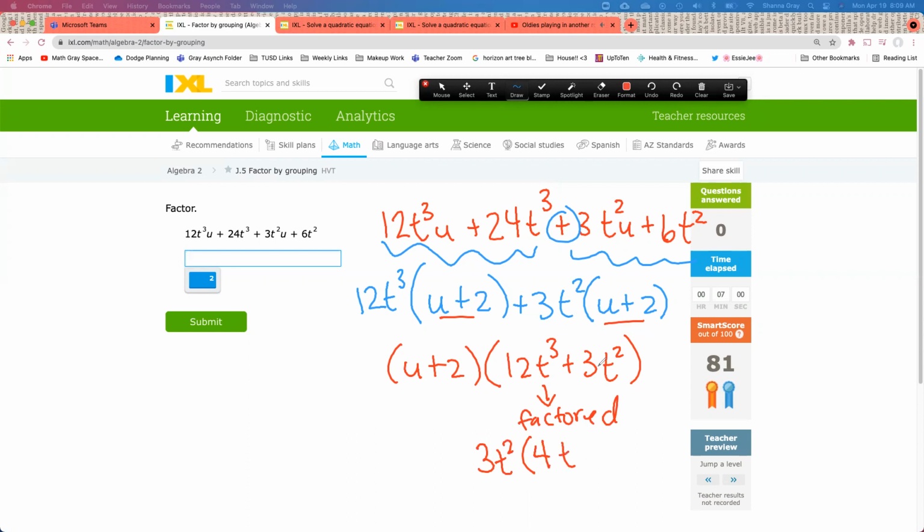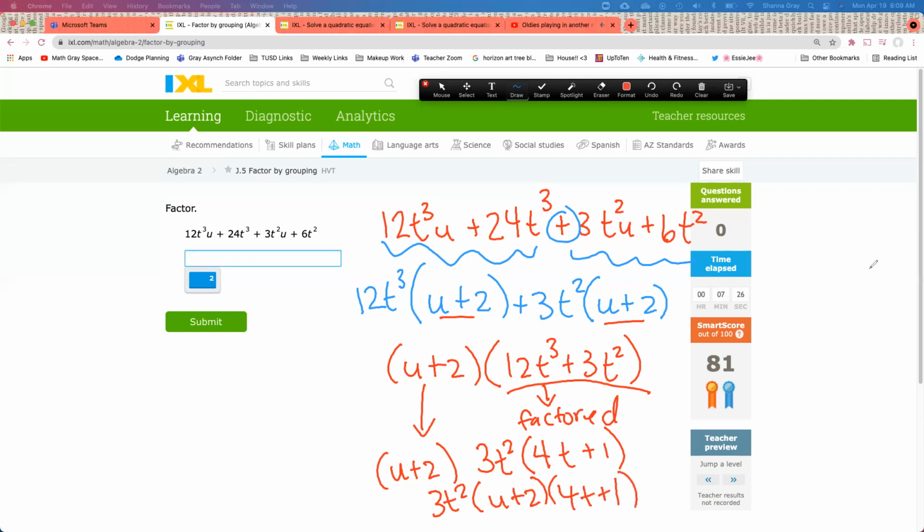And then the 3t squared came out to the front, so that's a plus 1. So I have these 2 pieces that make up this, and then I have this piece also. If I was going to type all that in, I'd probably put the 3t squared first: 3t squared, then u plus 2, and then 4t plus 1.